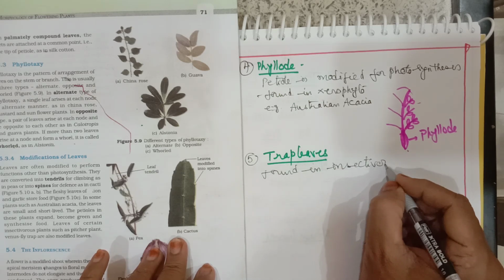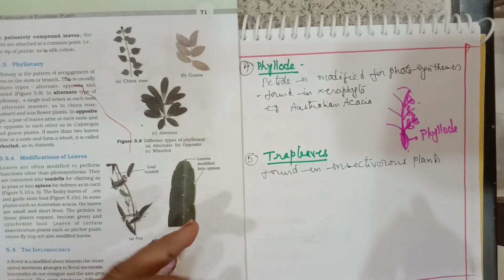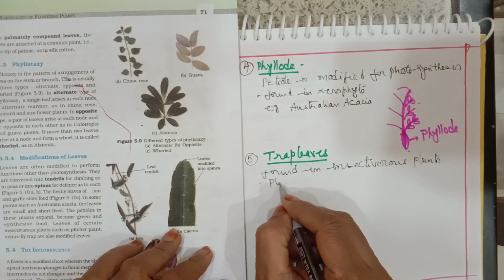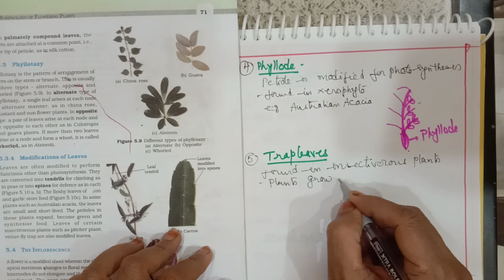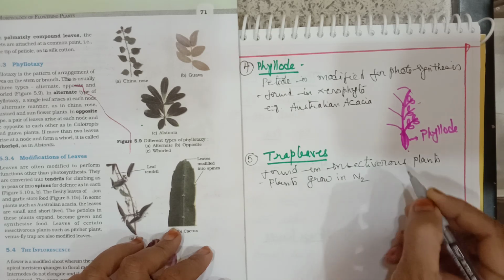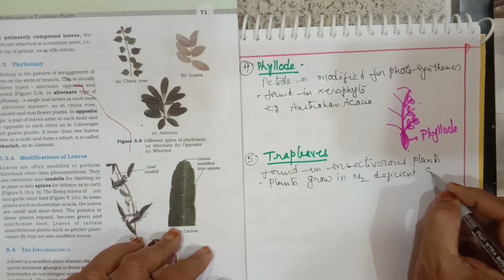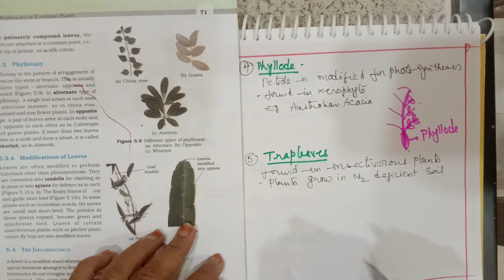Now, why should it develop in insectivorous plants? What is the reason they develop leaf modification to trap insects? Because these plants grow in nitrogen deficient soils. So in order to get nitrogen, these leaves are modified to trap insects.